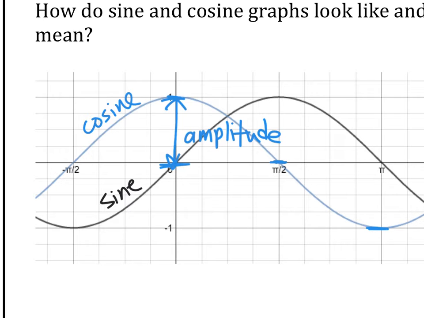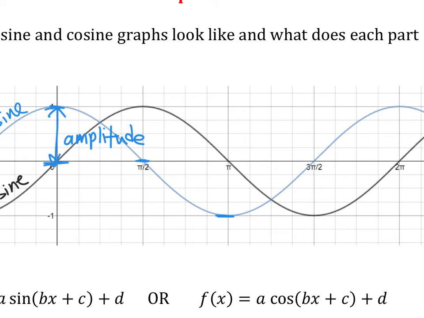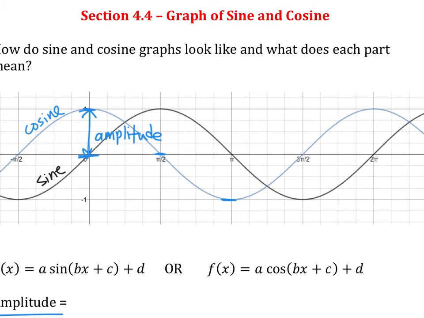All right. The next thing is this thing called period. Period means how long it takes for the graph to repeat itself. Sometimes it's a little hard to tell what the period is. So what you can do is look for the characteristic parts of the graph.